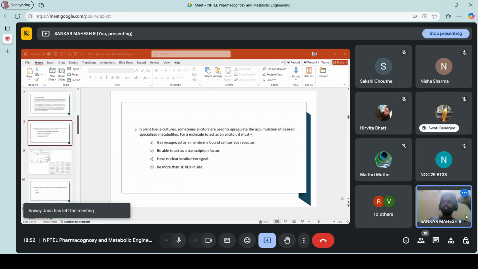Yeah, Swati, you can unmute and you can start by telling us what an elicitor is.